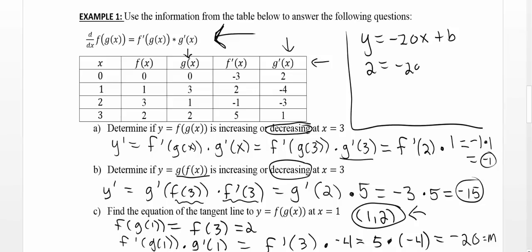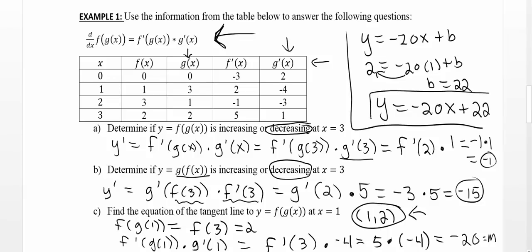So I have negative 20 times 1 plus b. So I'm going to add 20 over here, and I'm going to get that b equals 22. So the final equation of my line is y equals negative 20x plus 22. So similar to what we've been doing before, only now when we have to find the slope using the derivative, there's a couple extra steps when we're doing the chain rule.